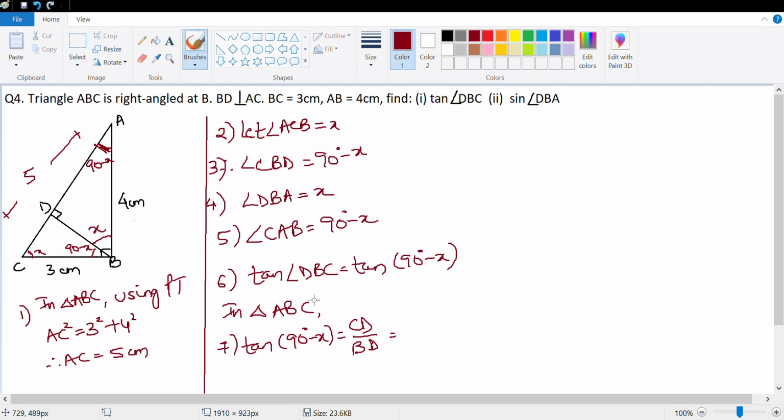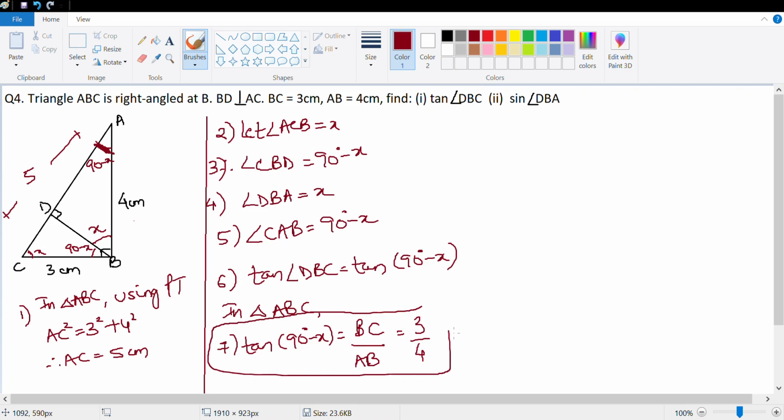Sorry, I was looking at the small triangle. We don't know the values, so that's why we've done all this calculation. So tan 90 minus x, which is this angle here, would be equal to perpendicular, which is BC, upon base, which is AB, which is 3 upon 4.